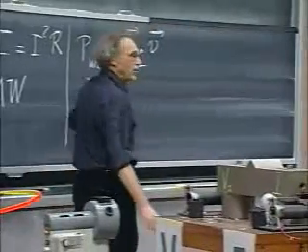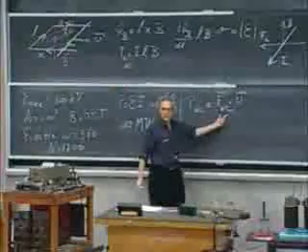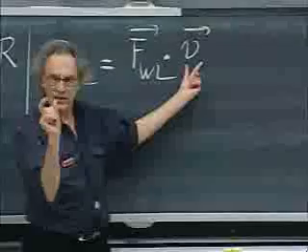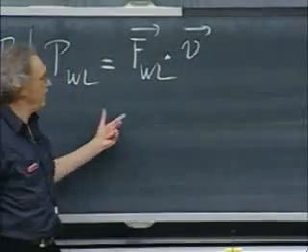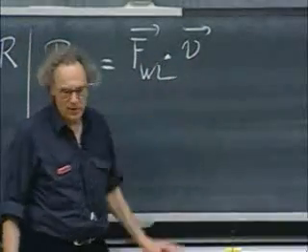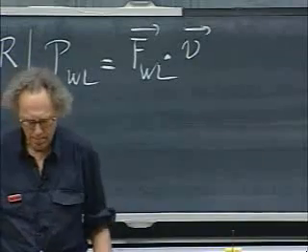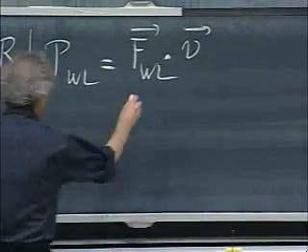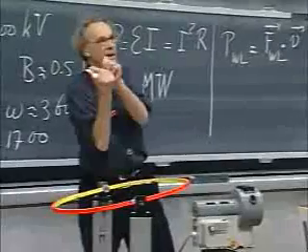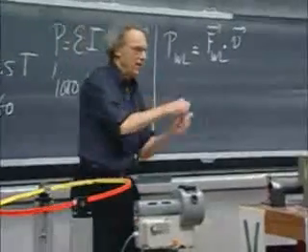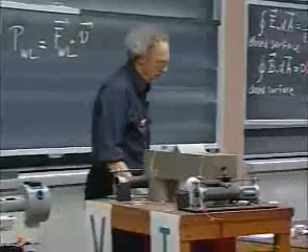The work that I do is force over a little element dx. But power is work per unit time, so the dx dt becomes velocity. And my force and my velocity are always in the same direction. When I push, they're in this direction, and when I pull, they're in this direction. So I always do positive work.